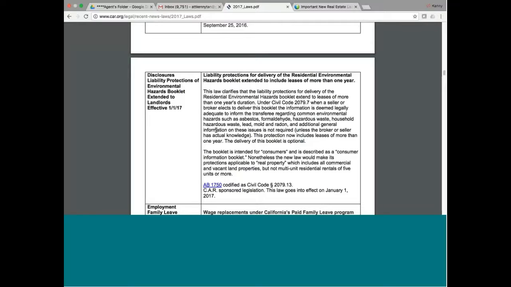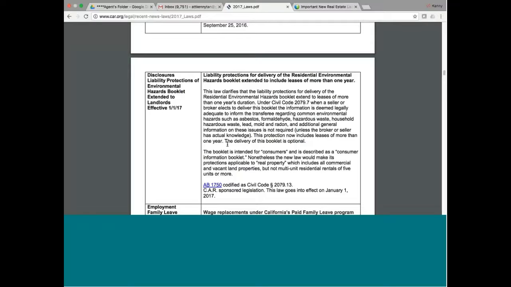It says liability protections for delivery of the residential environmental hazards booklet extended to leases of more than 1 year, but it doesn't restrict itself to just residential now. If you look carefully, it does give the extra protection even for commercial, no? Read this. It says the protection now includes leases more than 1 year, not just necessarily residential.